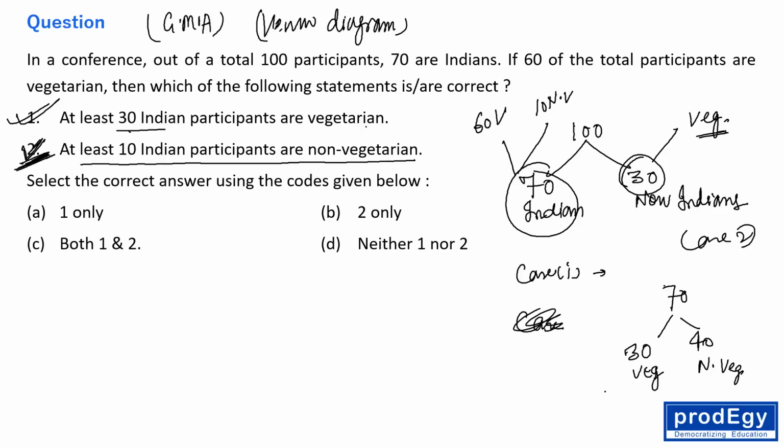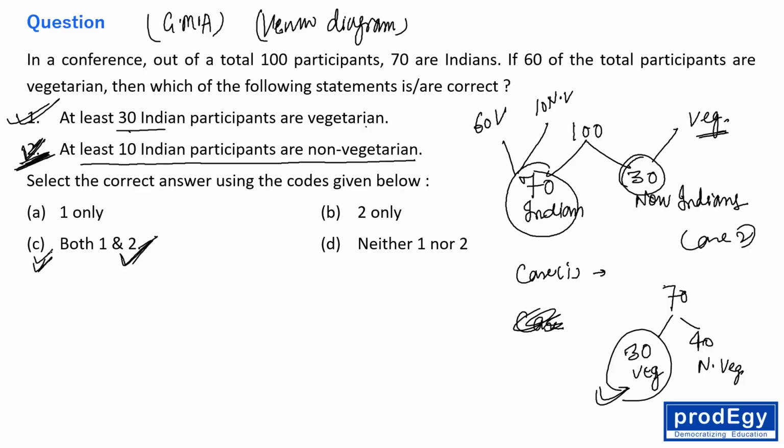So both of them are correct statements. This question belongs to Venn diagram topic, or it's a question of normal reasoning. It's a very good question. The correct answer is C, both 1 and 2.